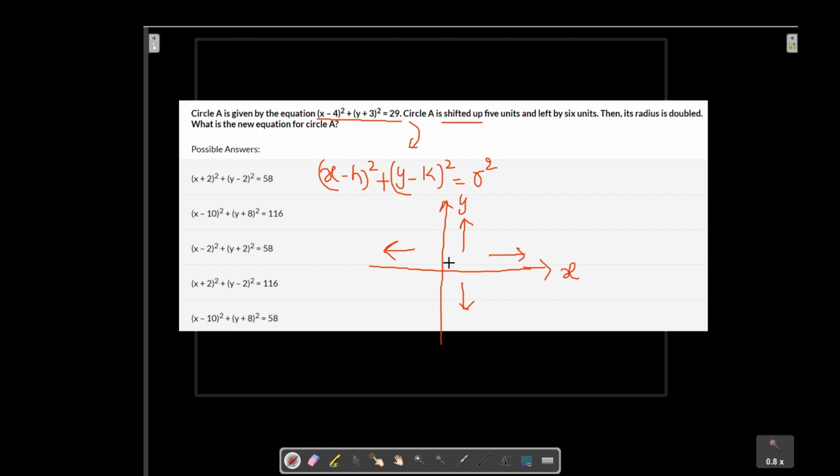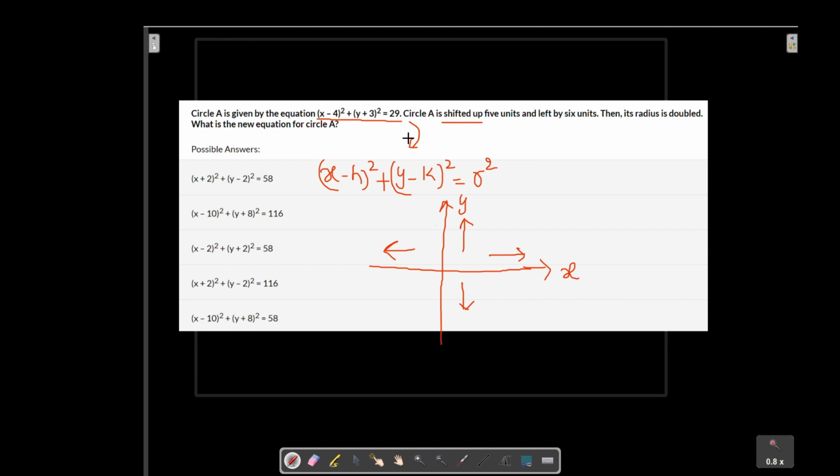Here we have the circle. That circle is transforming by shifting up 5 units and left by 6 units. If it is transforming, it means the center is transforming. Let's find out the center for the given equation.